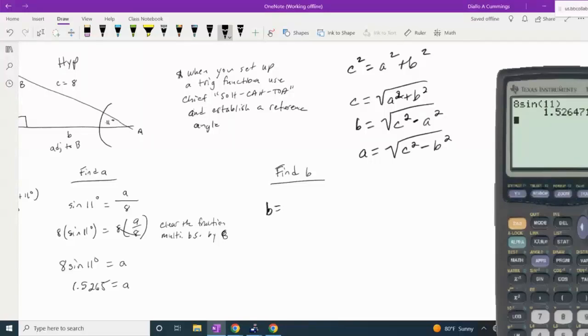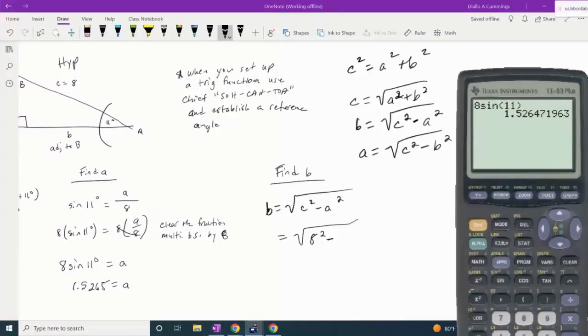So B is equal to the square root of C squared minus A squared. So C was 8 squared minus, and this is where you've got to avoid rounding error. Because if I use this number, 1.5265, I rounded that at the 4th decimal place.